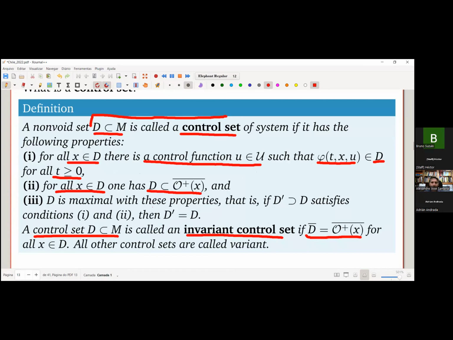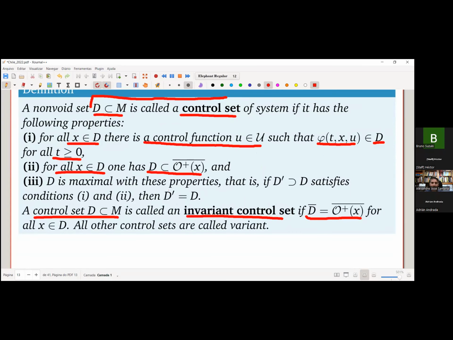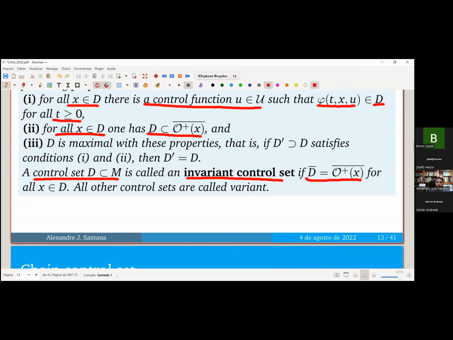We can note that from these two properties, this set D has the property that given two elements x and y in the interior of D, we can find a concatenation of solutions such that we can reach y from x using positive time.